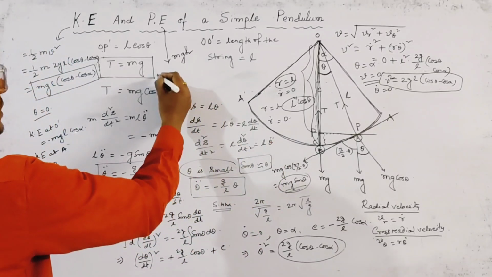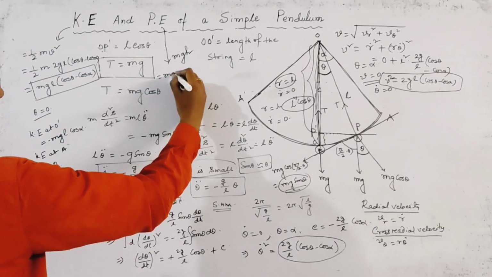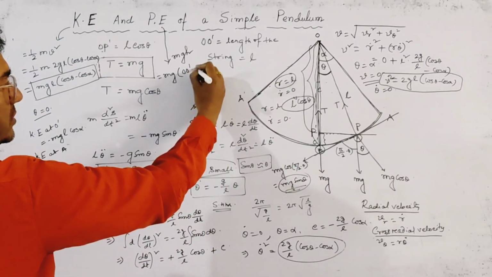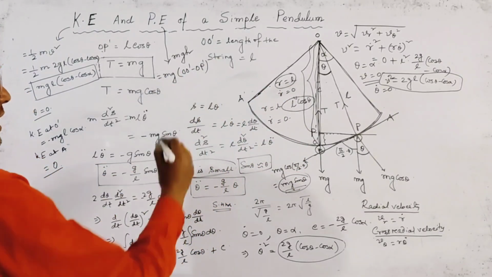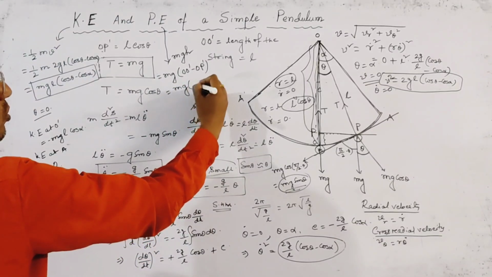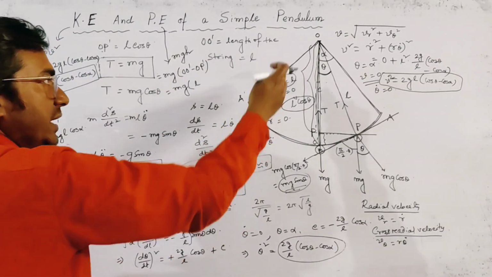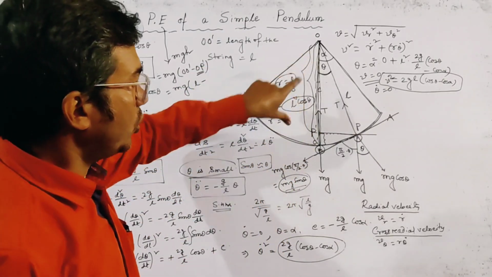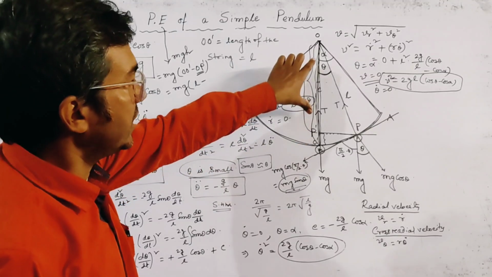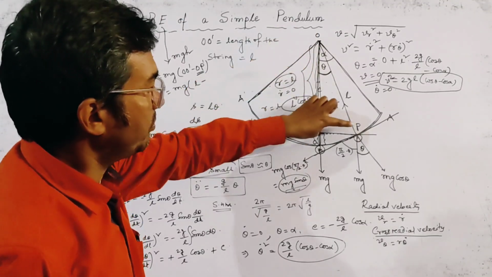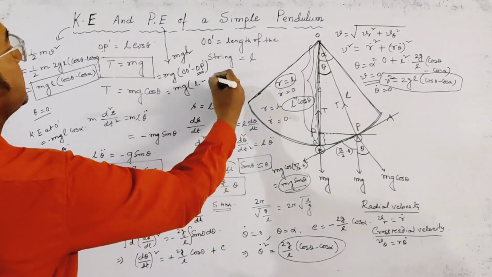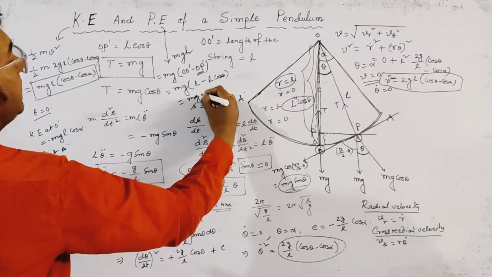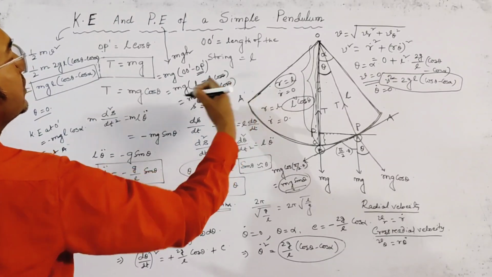So we write mg into h, meaning O dash minus OP dash. The value of O dash is obviously L, the length of the string, and the value of OP dash is L cos theta, the base of the triangle OPP dash. Taking mgL common, we get mgL into 1 minus cos theta.